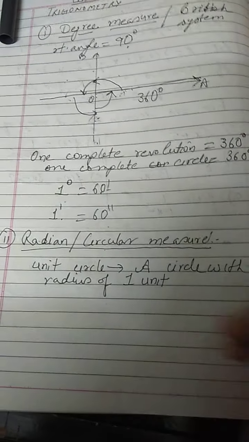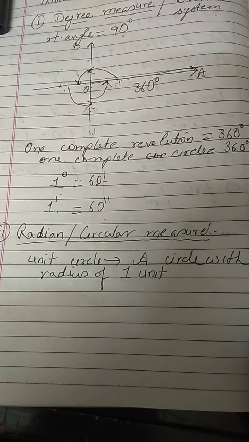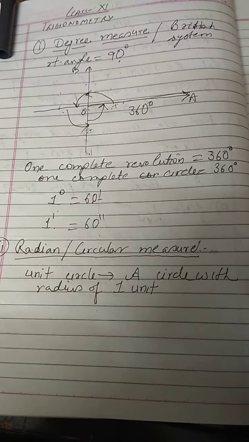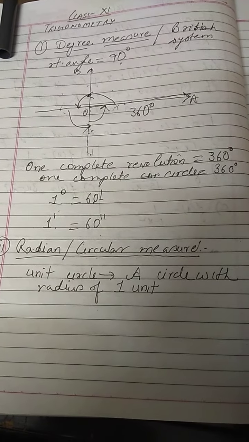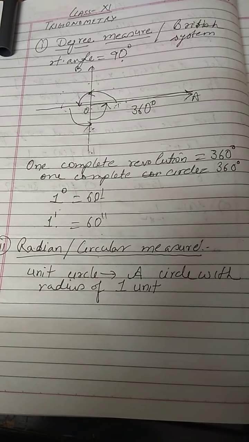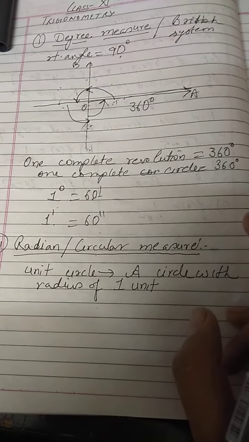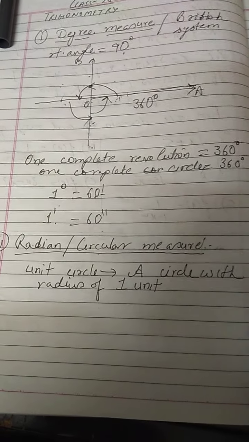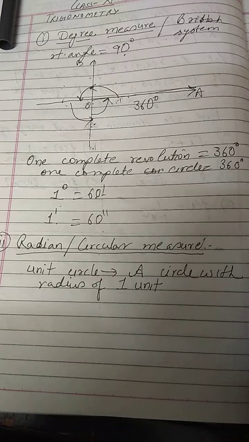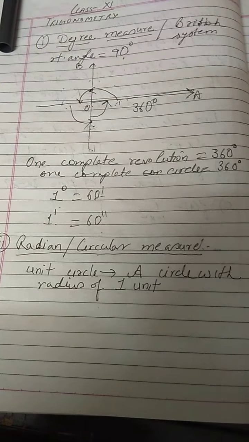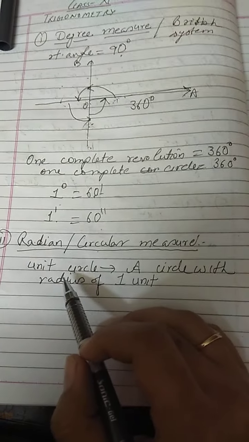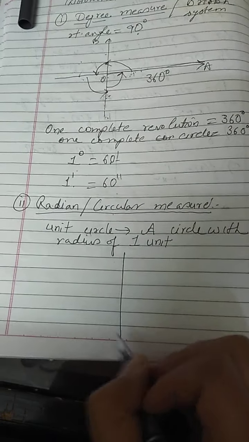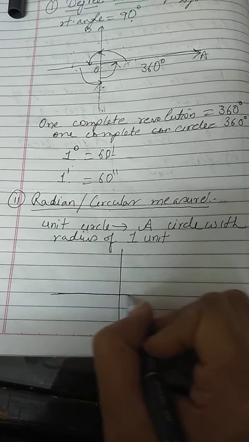Now this unit can be centimeter, meter, inch, anything, but the radius is 1. I'm repeating, the radius can be 1 centimeter, 1 meter, whatever unit you take, it is 1 only. So if I'm taking a unit circle, let me take here a unit circle.